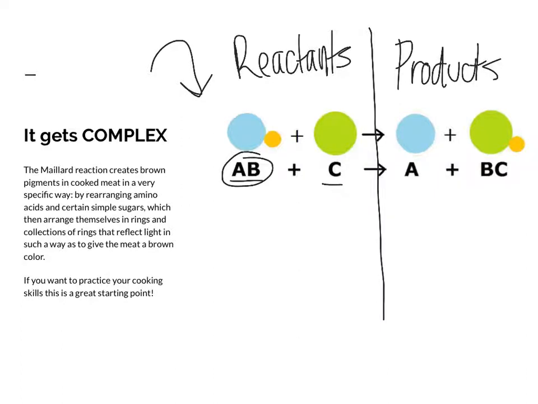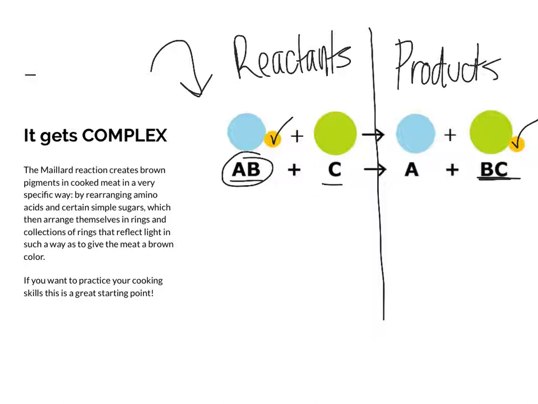So if this is AB, on the product side, it can't still be AB. Instead, what you have is BC. So the B stayed the same, but what happened is the C and the A switched. It's tricky, but you are really just looking for that change in combinations.